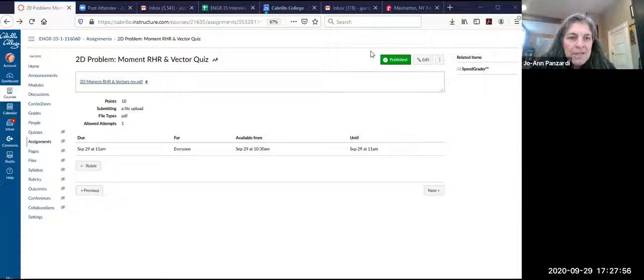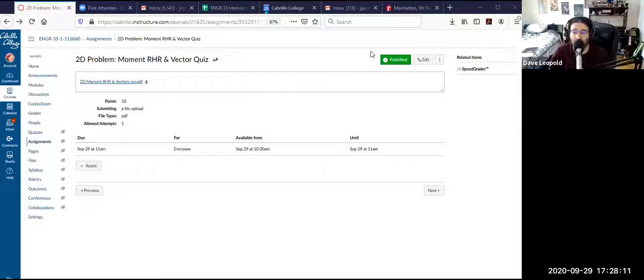So the problem says you have a picture here on the right side. Uh-oh, this number looks like it's off. Let me check. I think it's 300. You're sharing just the web browser.